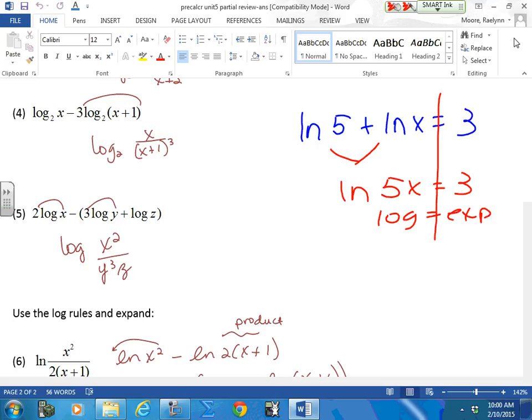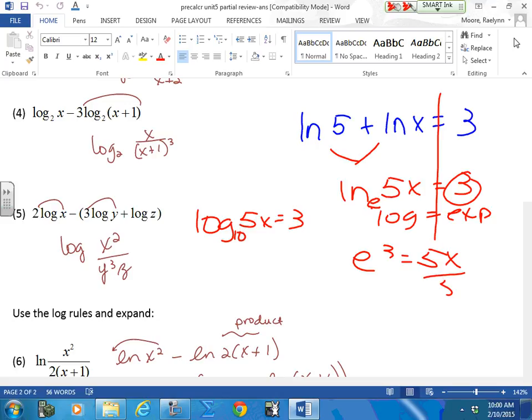What's the base of my log? E. What's the base of this log? 10. E to the third equals 5x. Okay, if you have logs on one side, get it down to a log equals something and flip it.